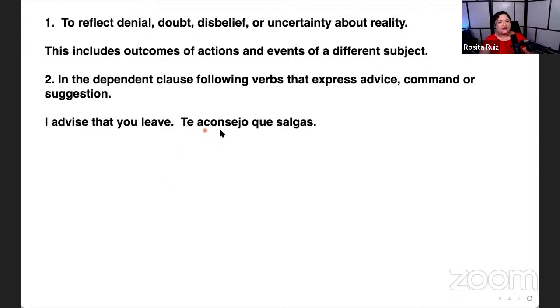So te aconsejo, this is the conjugation in the indicative mood. The main clause. Te aconsejo. This is a fact. That's what you're doing. Here is that conjunction que. And then here's the verb, salgas. Salgas translates to you leave.